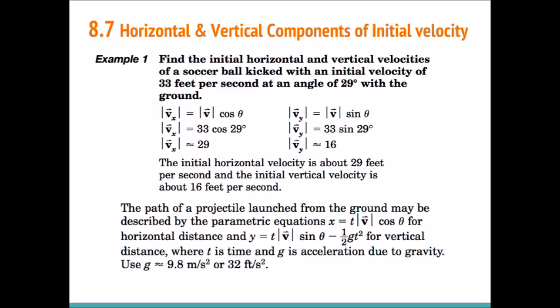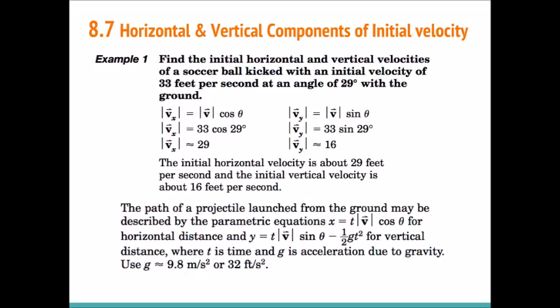8.7, horizontal and vertical components of initial velocity. This is an example: find the initial horizontal and vertical velocities of a soccer ball kicked with an initial velocity of 33 feet per second at an angle of 29 degrees with the ground.